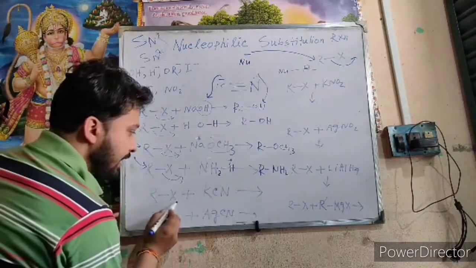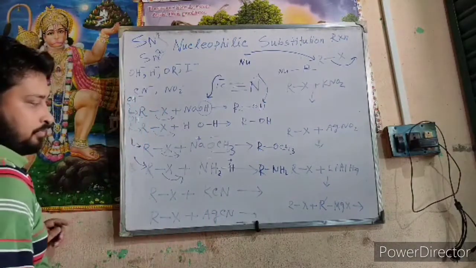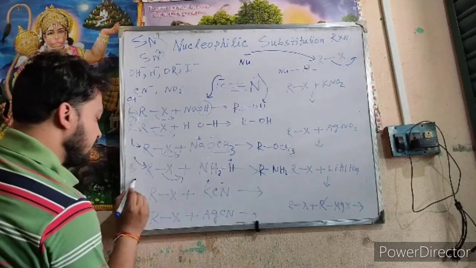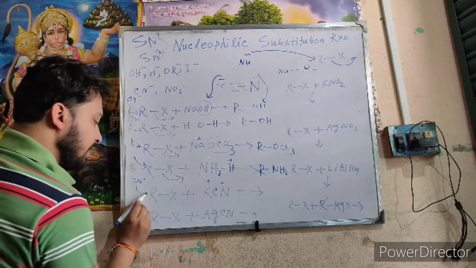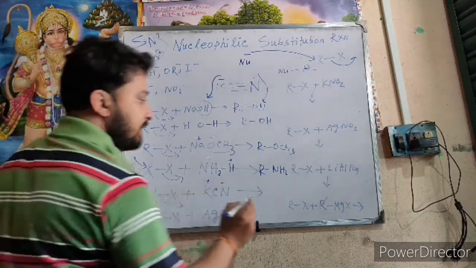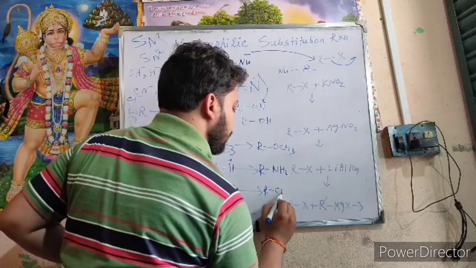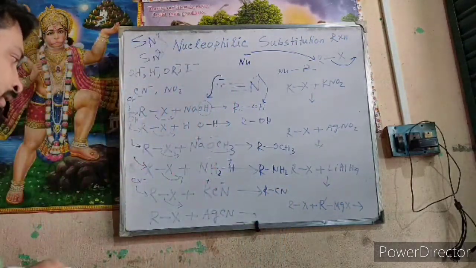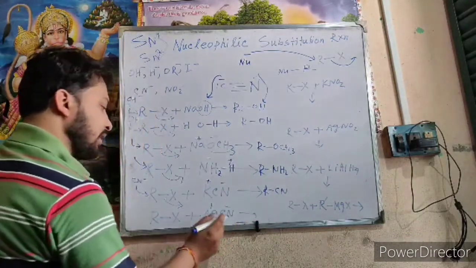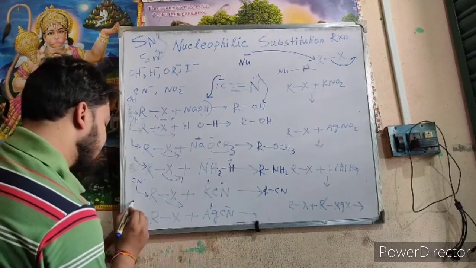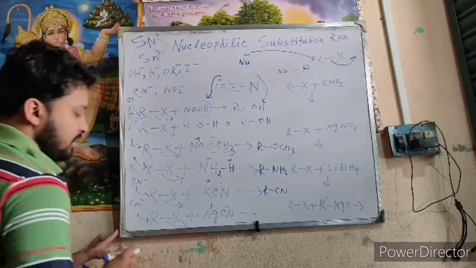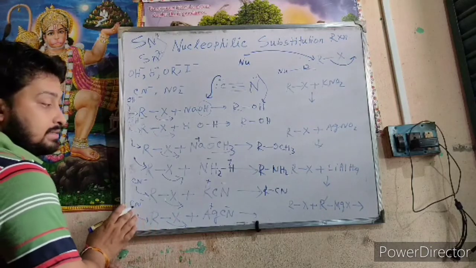Now RX reacts with KCN. KCN means K plus and CN minus. CN minus attacks this R and X is removed, so the product is RCN. With Ag plus and CN minus, when CN minus attacks this R, X is removed from here, so the product is RCN.